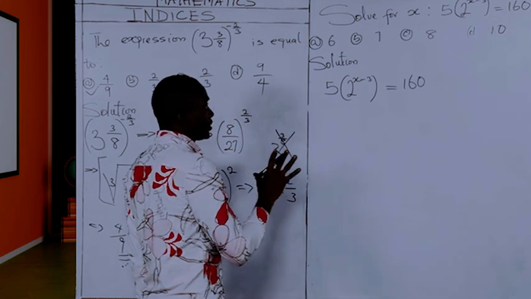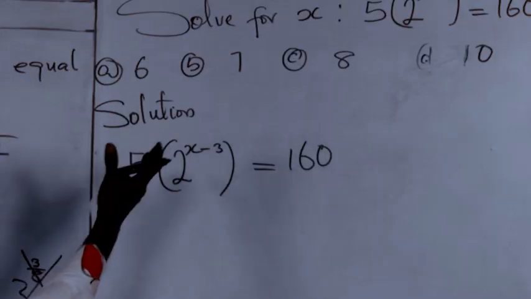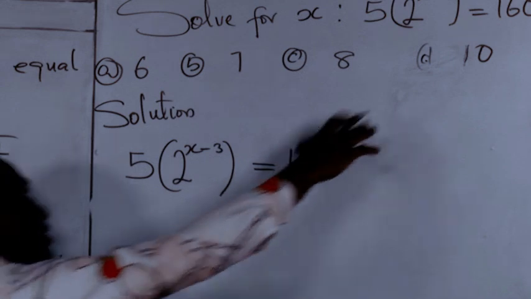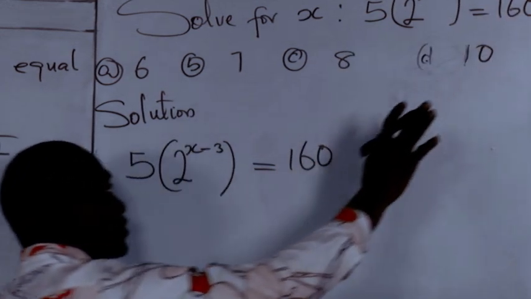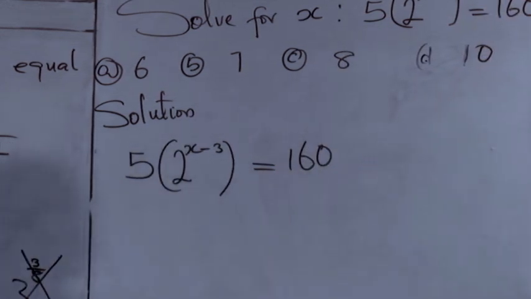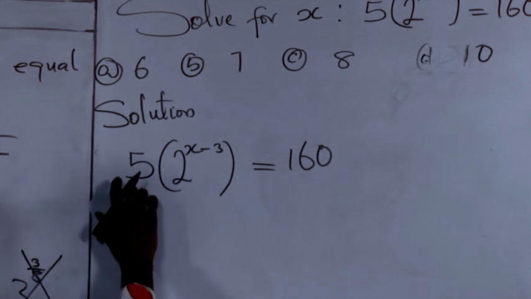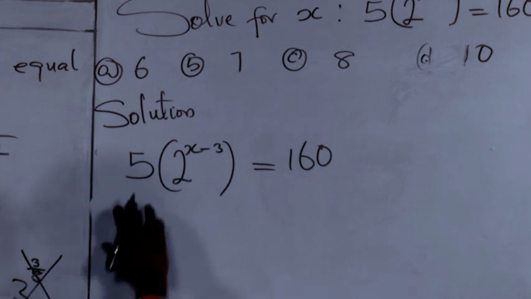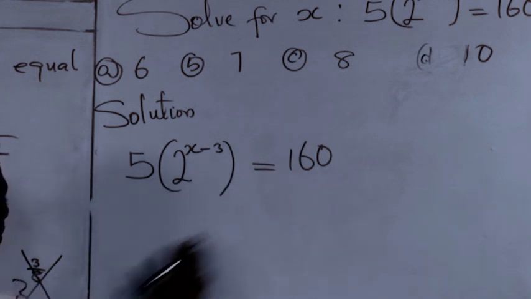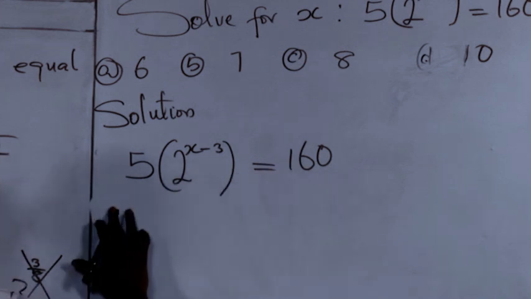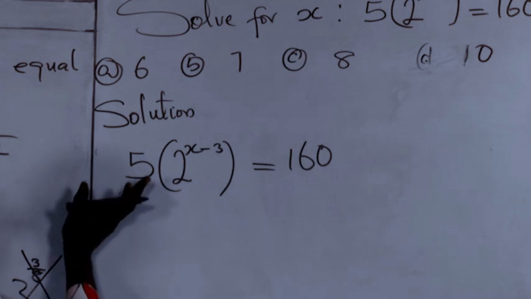This is an equation. That's why we are asked to solve for x. Since you see the equal sign, it is an equation. So what you need to do is take away this 5, divide both sides by 5.